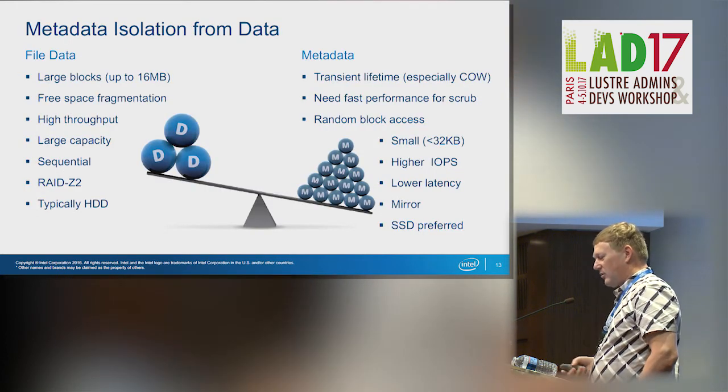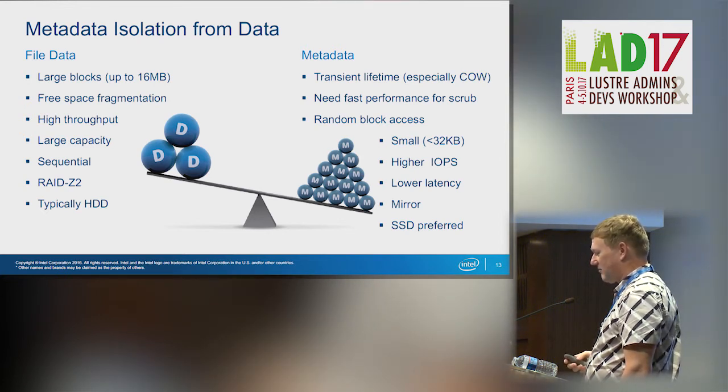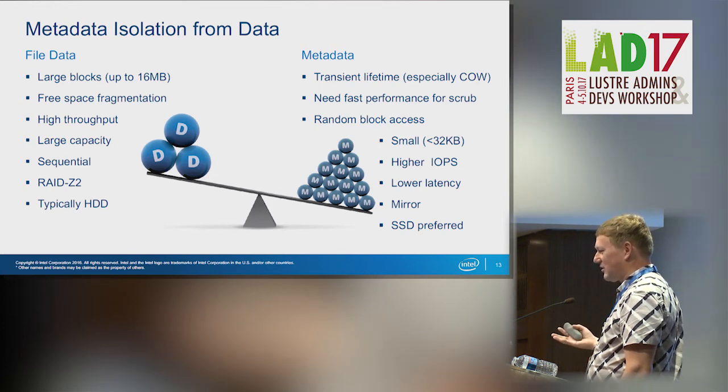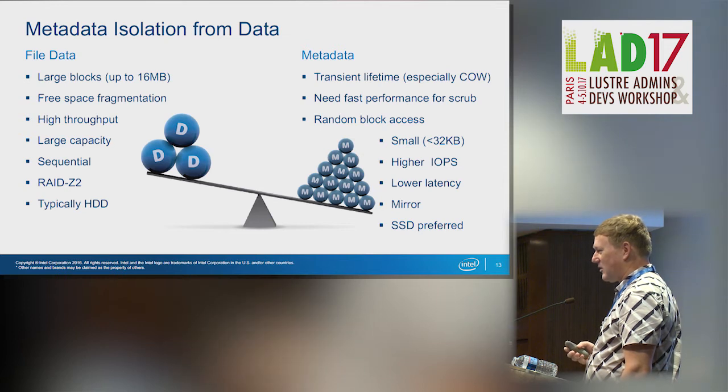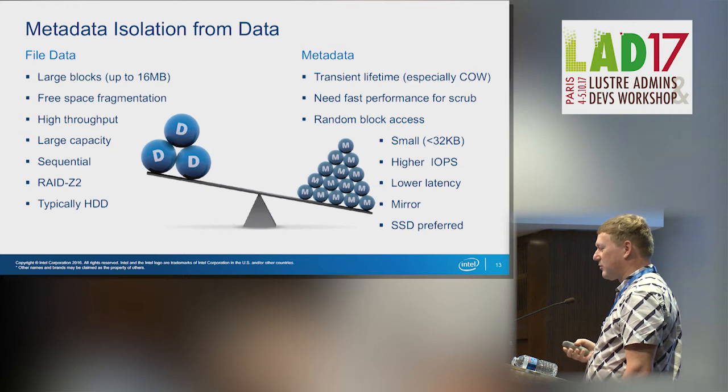Another, in a way not surprising need in ZFS is metadata isolation. It's essentially Lustre in a box, right? So you have separation of data and metadata within one file system, because of different workload characteristics: for metadata, small blocks, high IOPS; data is large blocks, largely streaming reads and writes.